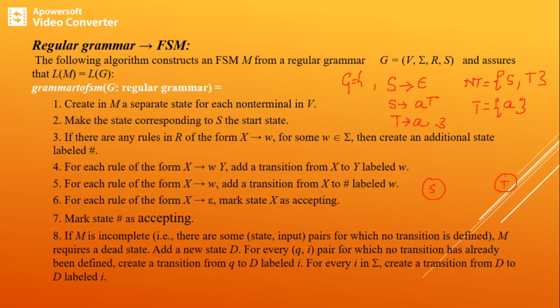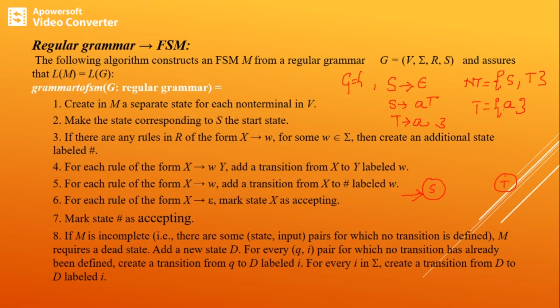The start state here is S, because your input matching starts beginning with S. Not always, it's based on your program. You have to identify which is the correct start state, from which you're going to match your input. So S is the start state here.